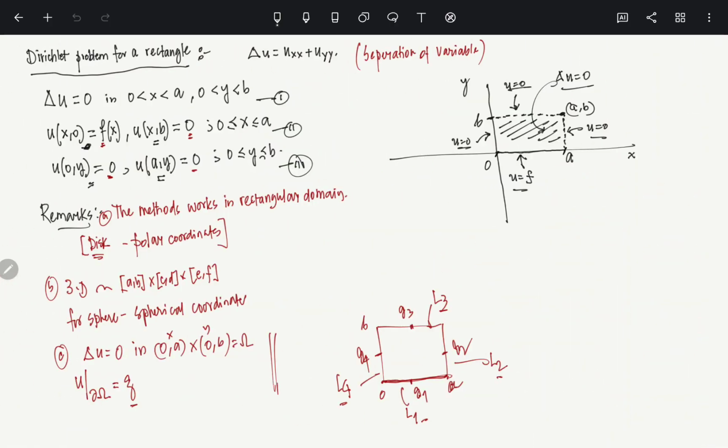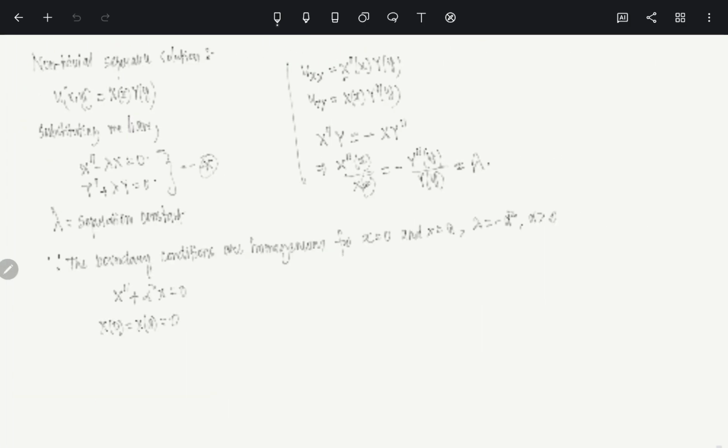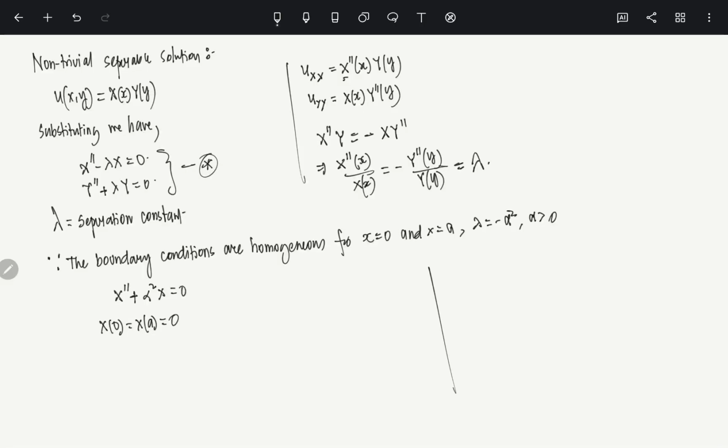What is the boundary condition? U for x equals 0 and x equals a, this is x equals 0 and this is x equals a, right? On these lines u is 0. So if you put it in the equation, let's look at it again. u of 0, y equals u of a, y equals 0.